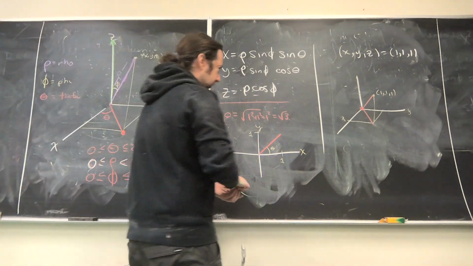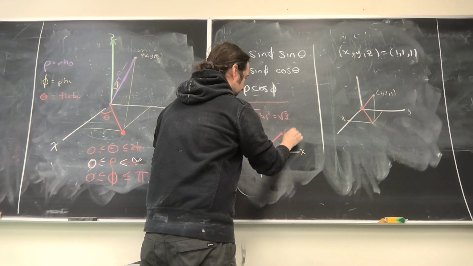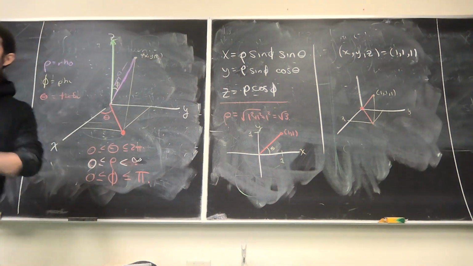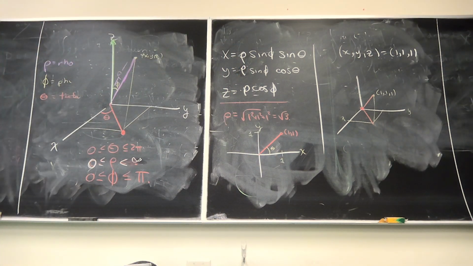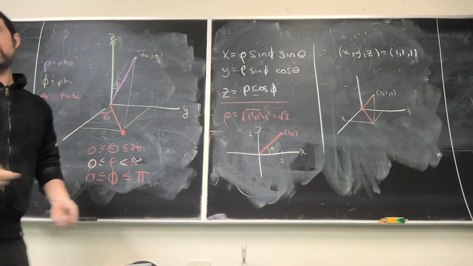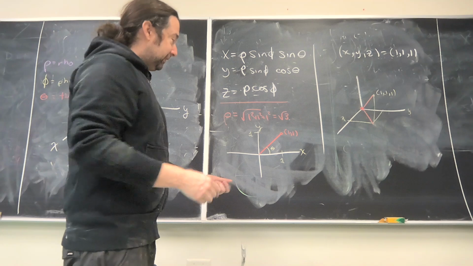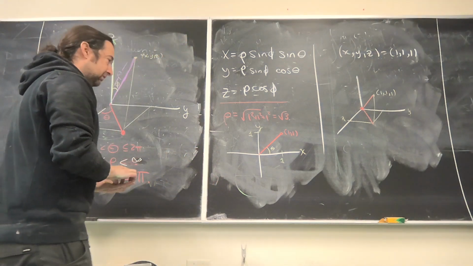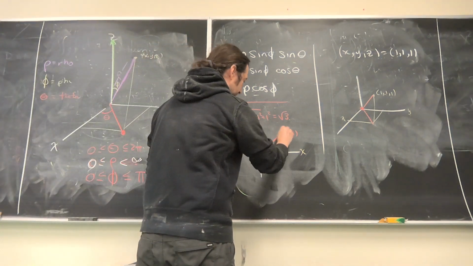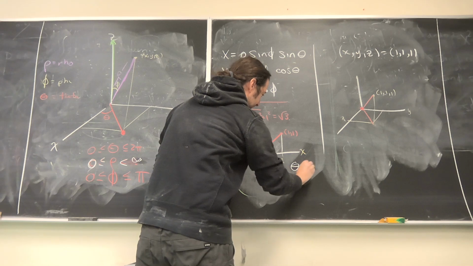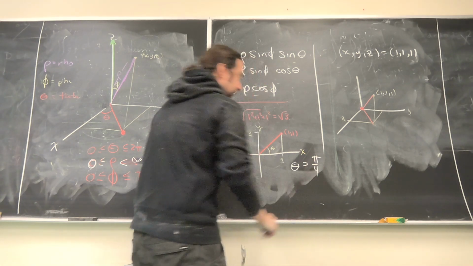Aren't the coordinates of this point in the xy plane just 1, 1? So what's theta? 45 degrees. Probably we want to work in radians and not degrees. It's not terrible to work in degrees, but because the formulas are set up that way, we should think of these as naturally in radians.